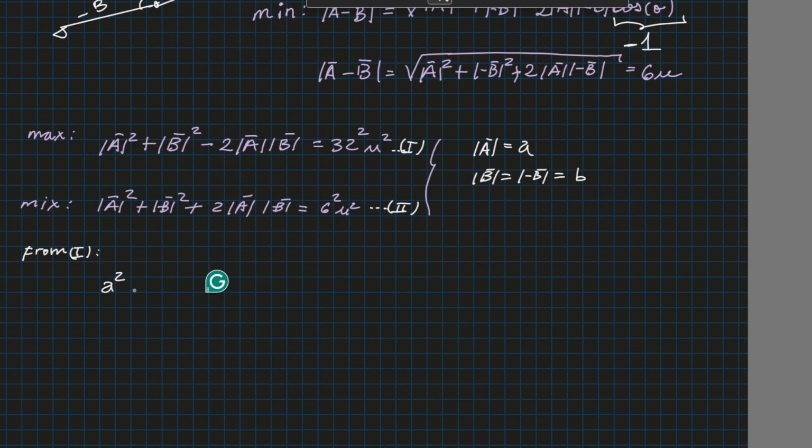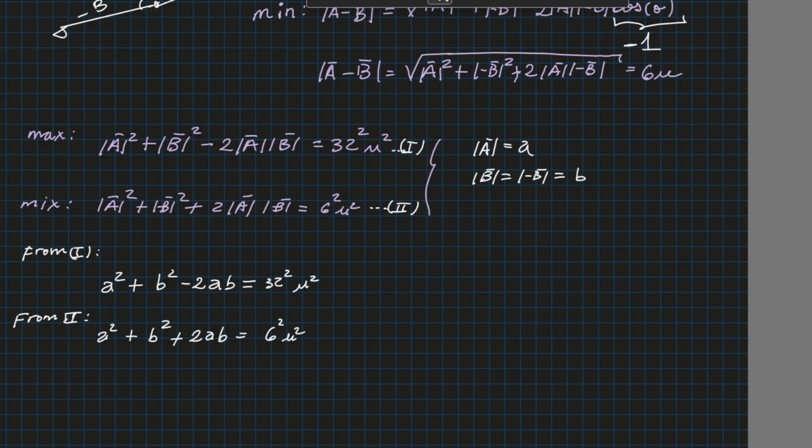So this is a squared plus b squared minus 2 times ab equals 32 square units squared. And from 2 we have the same, a squared plus b squared, here is plus 2 times ab equals 6 square units squared.